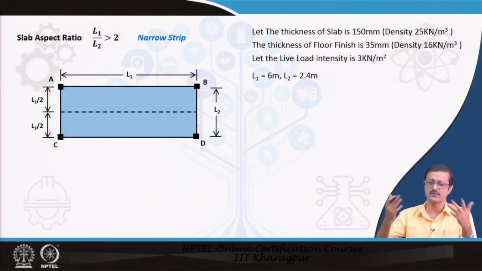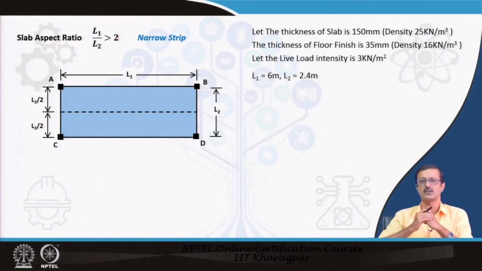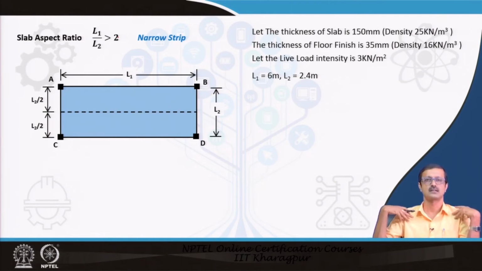And suppose there is a live load intensity of 3 kilonewton per meter square. 3 kilonewton per meter square is almost 300 kg per meter square, that is 300 kg in an area of 1 meter by 1 meter. Suppose each person weighs 50 kg, like me, my weight is 60 kg plus.